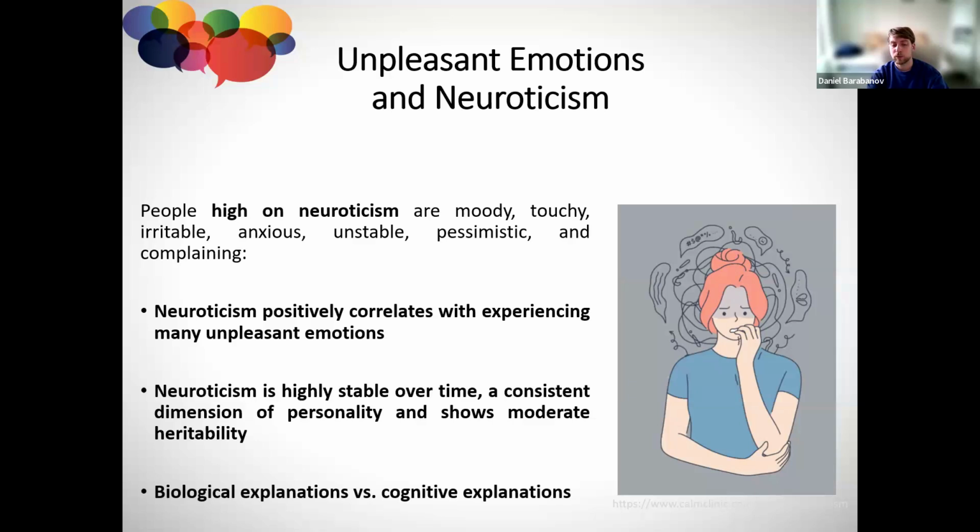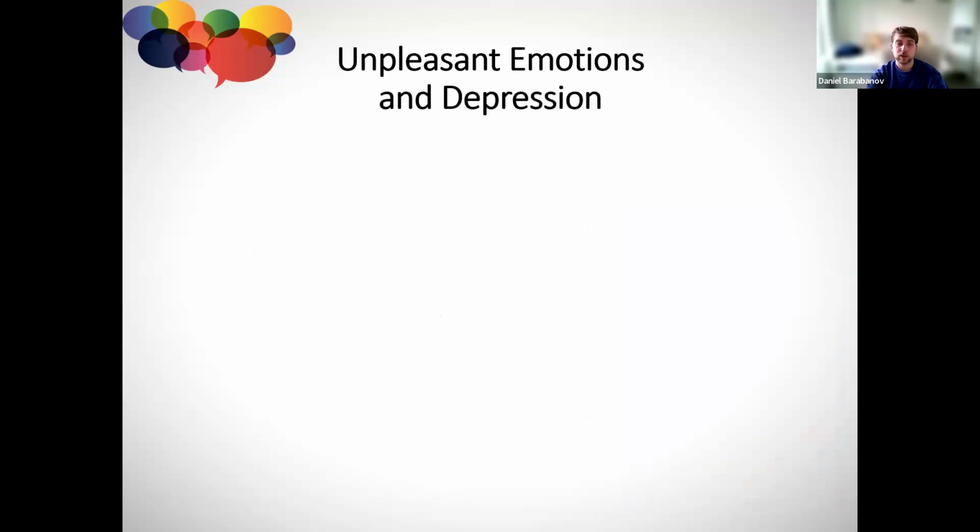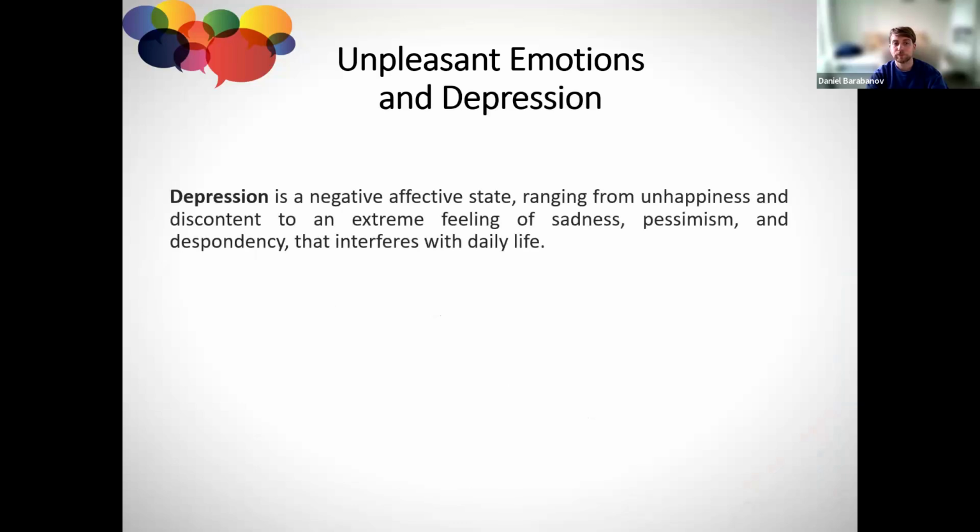Other psychologists mostly focus on cognitive explanations: the way people think, explain and attribute their emotions might influence how they interpret situations and why they experience a lot of negative emotions in a wider range of situations. One of the examples is depression.